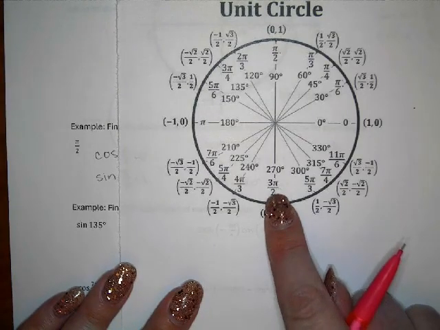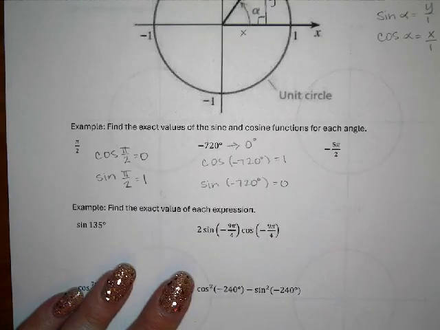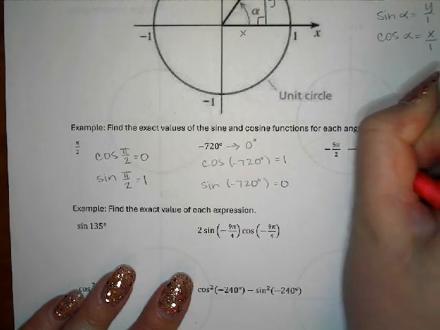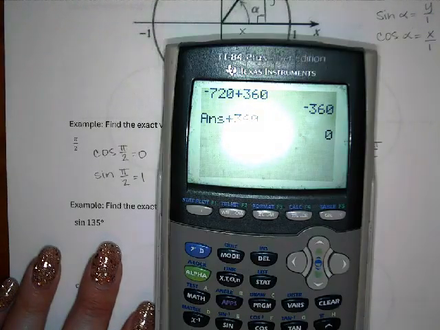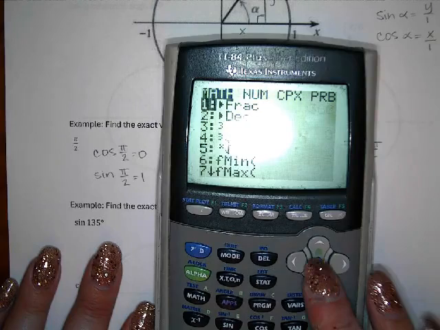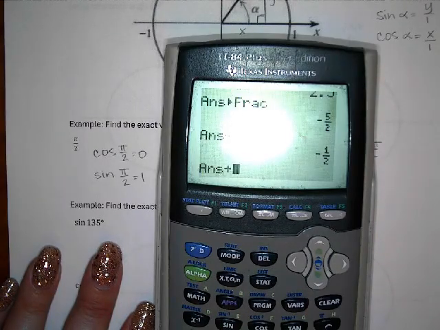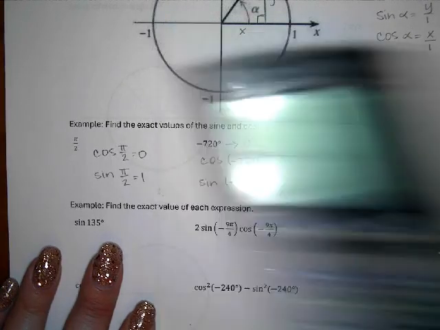So negative 5 pi halves is the same as 3 pi halves. You get that if you do negative 5 halves and add 2 and then add 2 again. So add 2 full circles and you get 3 pi halves.